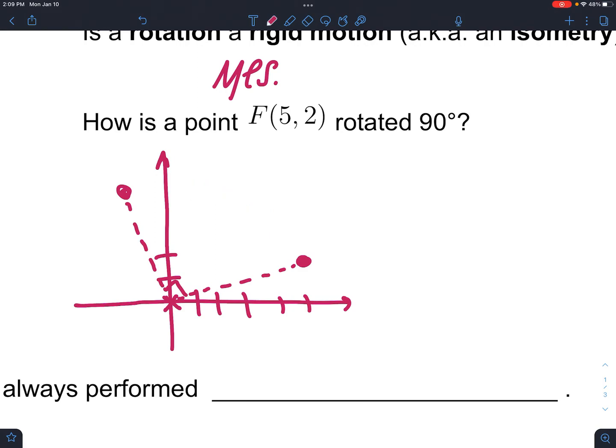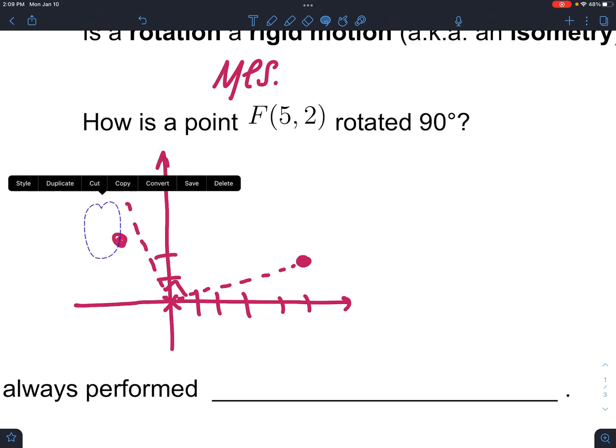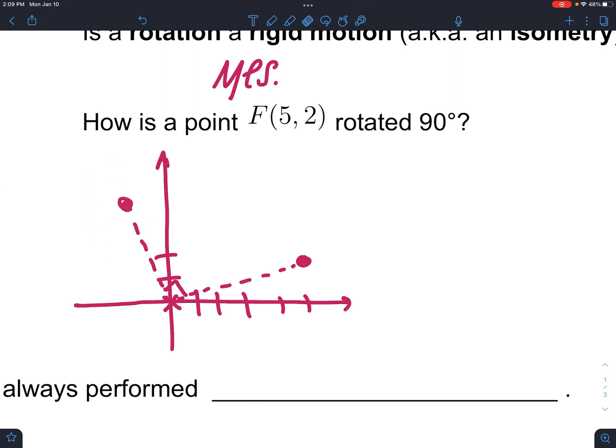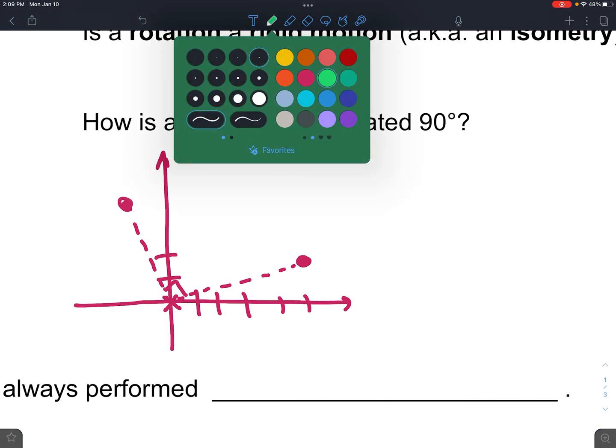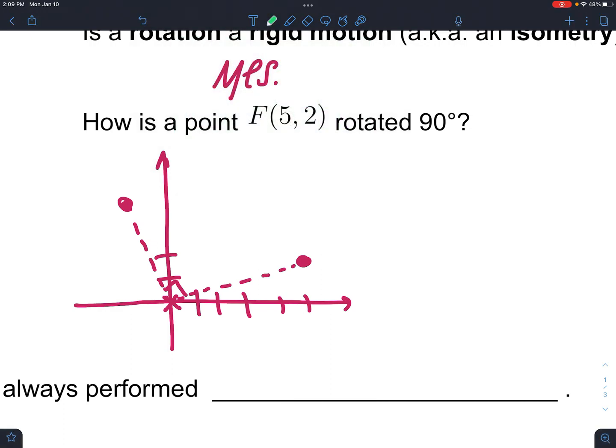But now how do we know that the point is there and not here, or here, or here? We really have to use some sort of guideline or some sort of helper shape to really rotate this.